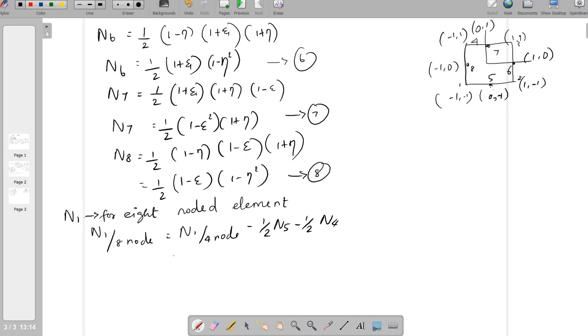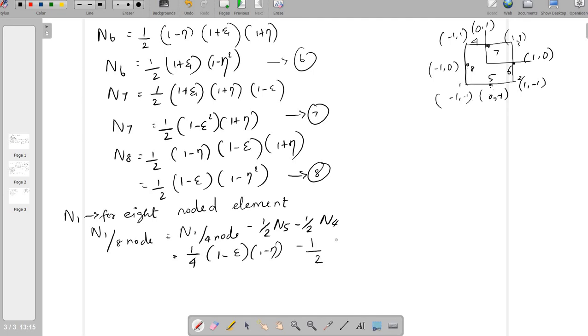Already we have N1 of the 4 node element. It is 1 by 4, 1 minus, now it is the first node, it is minus 1 comma minus 1. You can directly write 1 minus epsilon, 1 minus eta, according to this representation of coordinates. So now I am going to deduct half of N5.